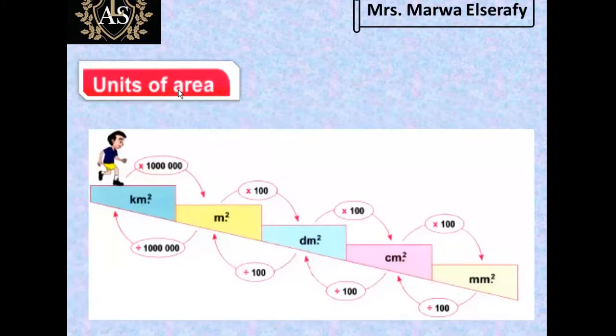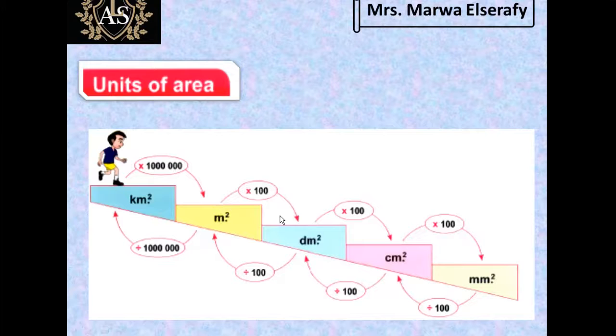But the units of area are different from the units of length. The units of area are kilometer square, meter square, decimeter square, centimeter square, and millimeter square. If you want to convert from kilometer square to meter square, you will multiply by 1 million.